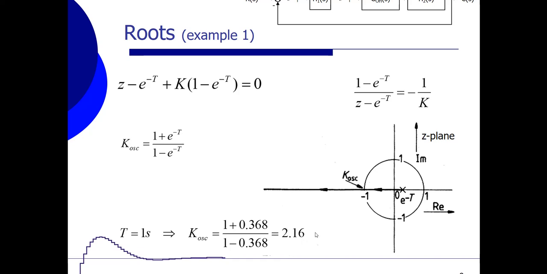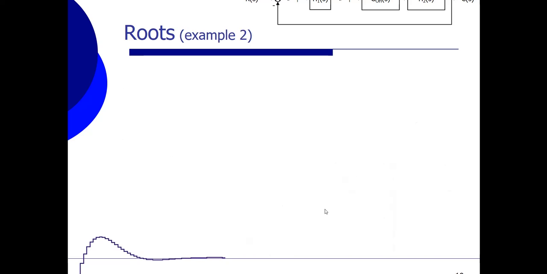So this is an easy example with a first order system for H2, but when we have more complex systems, of course, we get a more complex root locus, and we are not going to do that by hand, but we are going to use MATLAB.